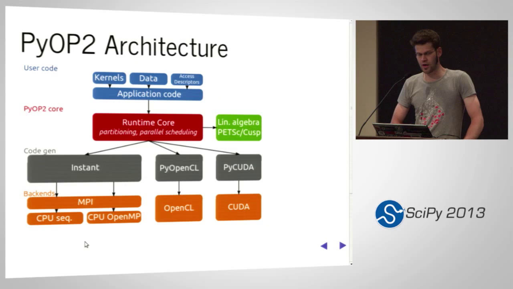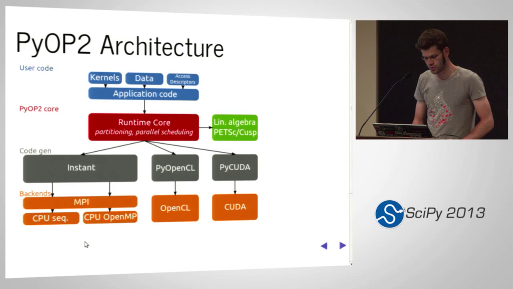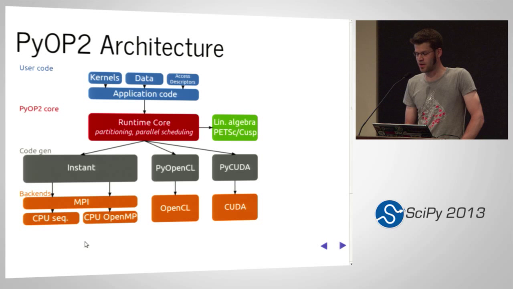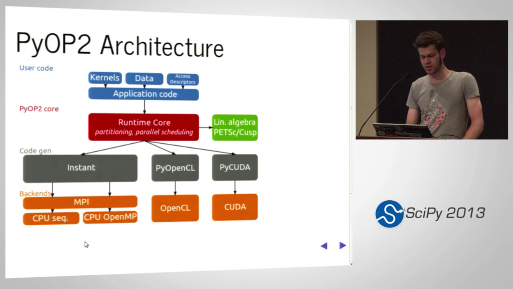So how do the pieces fit together in PyOP2? The user writes their code against the PyOP2 API. What they need to provide is a kernel, like the one we just saw.